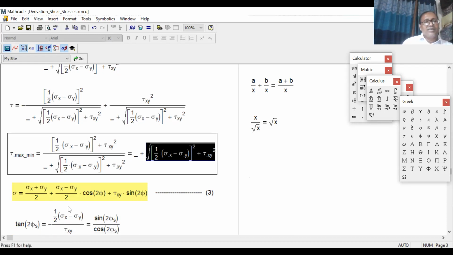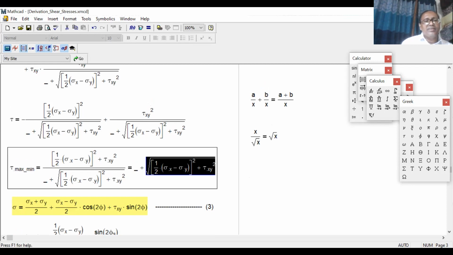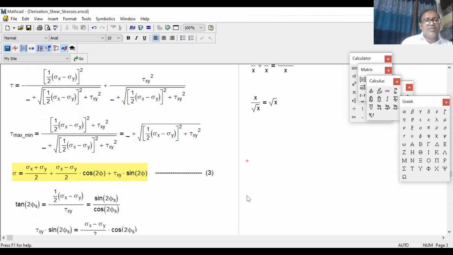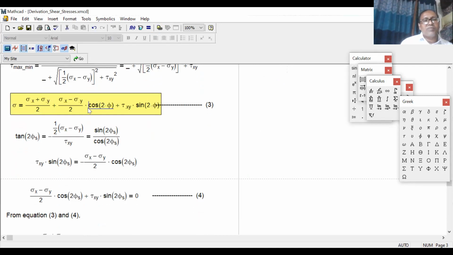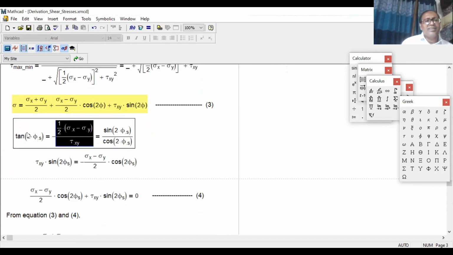Now, these two values, these angle sine and cos, we are putting in the mother equation of sigma. And instead of putting the value of cos phi sin phi, I feel that this is easier. Tan 2 phi s equal to this, right? And tan phi s equal to sin by cos. Then you just simplify.